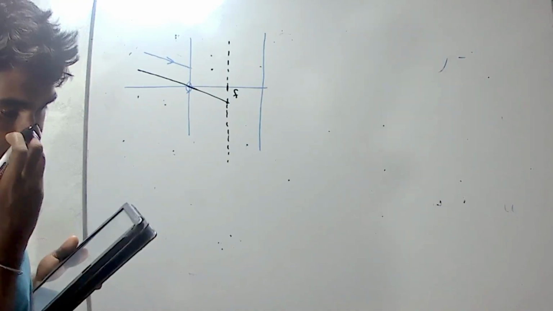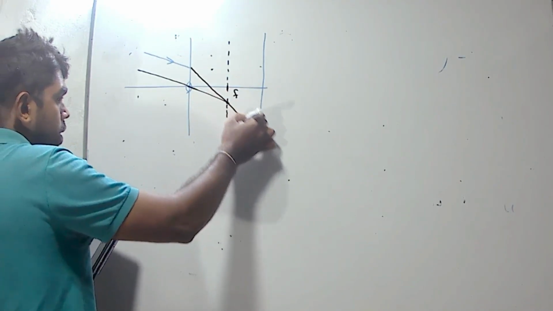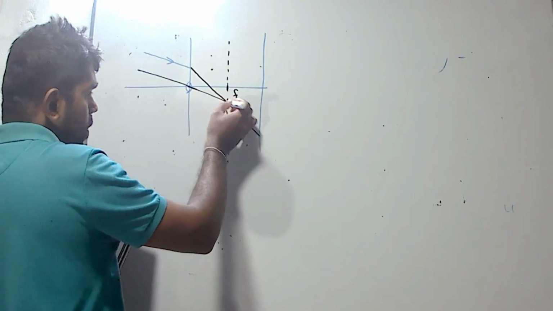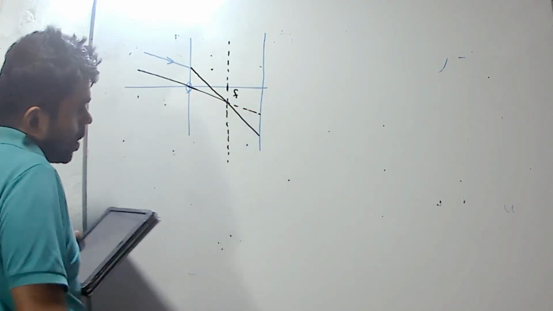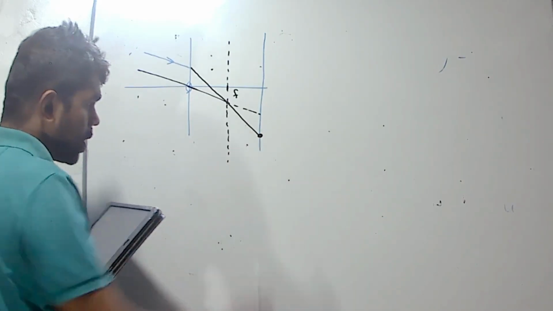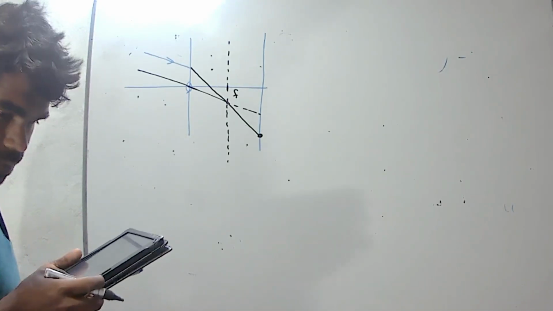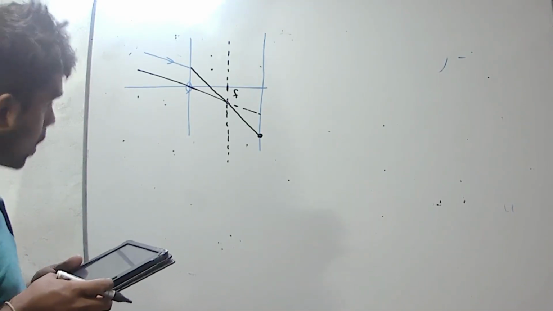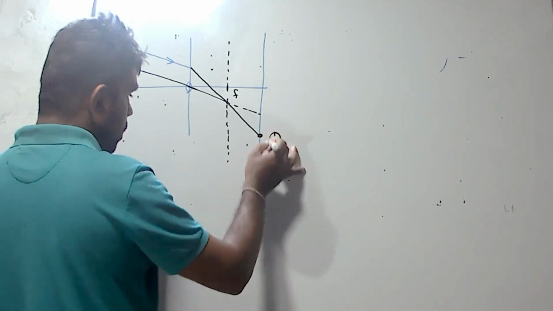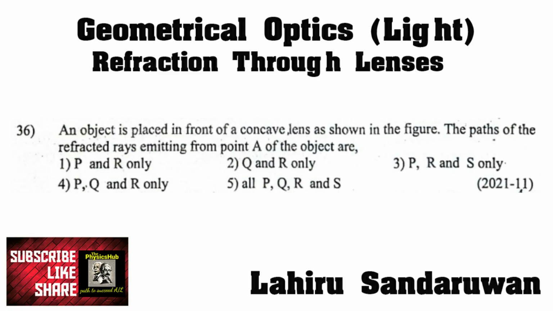Then we can obtain the path of this given ray also should be passing this F point. Then we can get the position of light spot is this one. It should be point D. Then answer is 4.